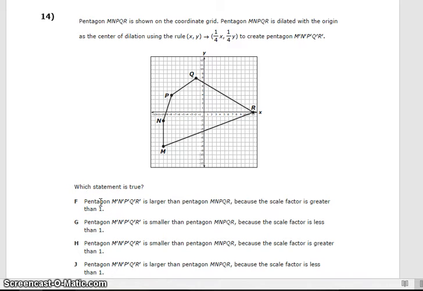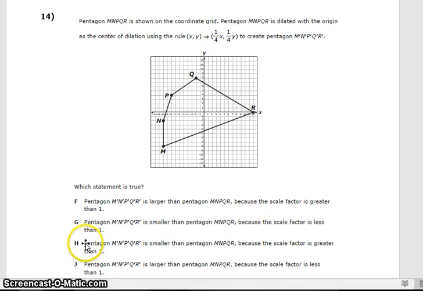F, pentagon MNPQR prime, the new prime one, is larger than the pentagon because the scale factor is greater than 1. G, pentagon MNPQR prime is smaller than the pentagon MNPQR because the scale factor is less than 1.